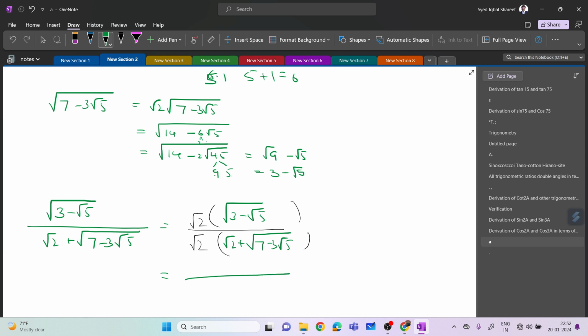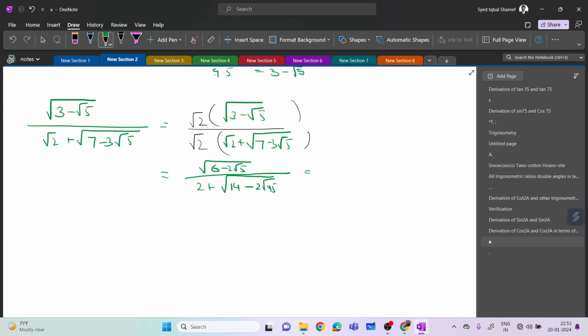So this becomes root 6 minus 2 root 5 in the numerator, and the denominator becomes 14 minus 2 root 45. We have simplified, so I am not writing those steps.